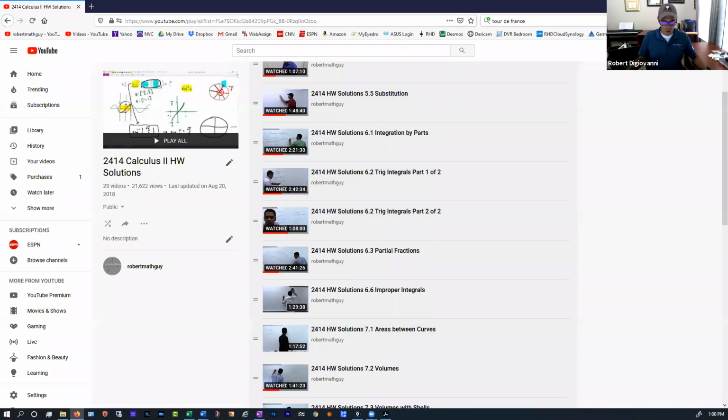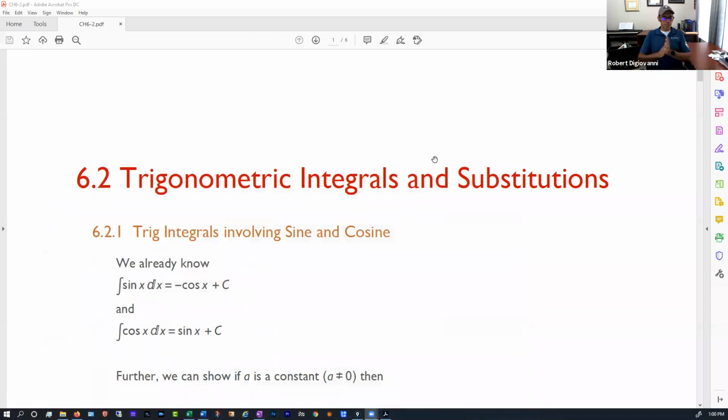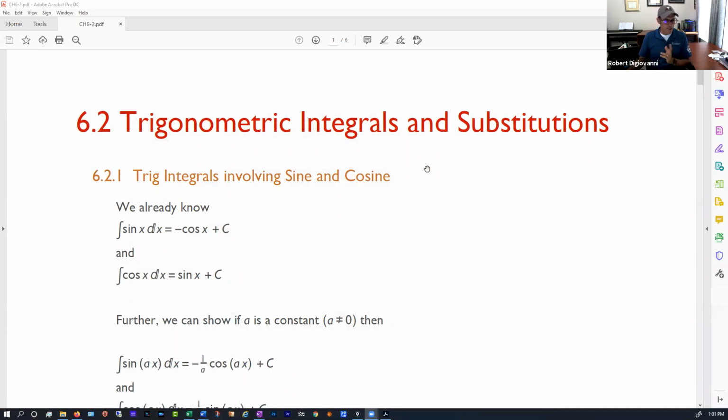Okay, it is 1 o'clock. So are you all ready to get started? We've only got 12 people here so far, but we've got lots to do today. We started last time talking about trig integrals, and we're going to continue with trig integrals. We're not quite getting into trig substitutions yet. Hopefully today we will.